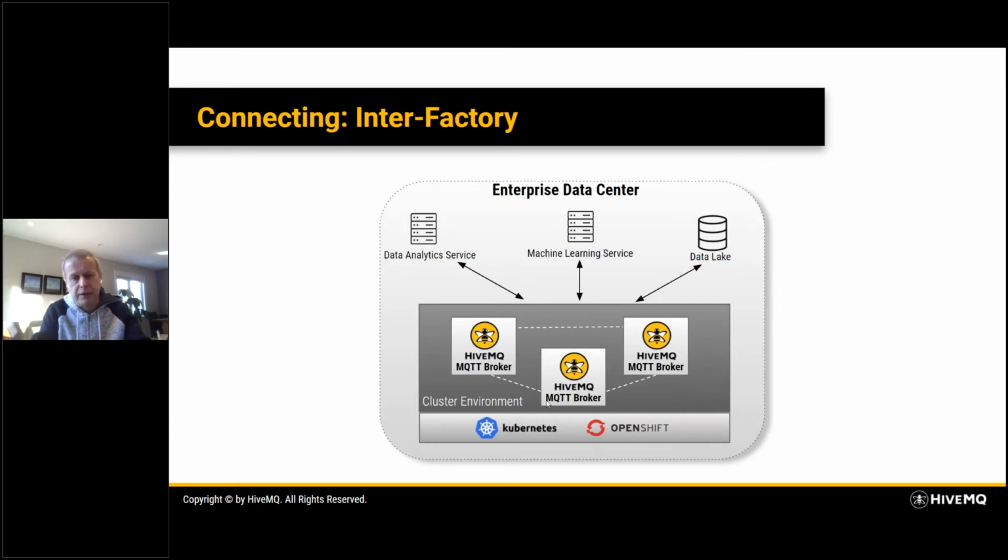You have multiple instances of a broker running. You could just do it on bare metal, or you could use things like Kubernetes or OpenShift. And the key is that your other enterprise services can subscribe to the information that they want to store in a data lake or an analytics service.